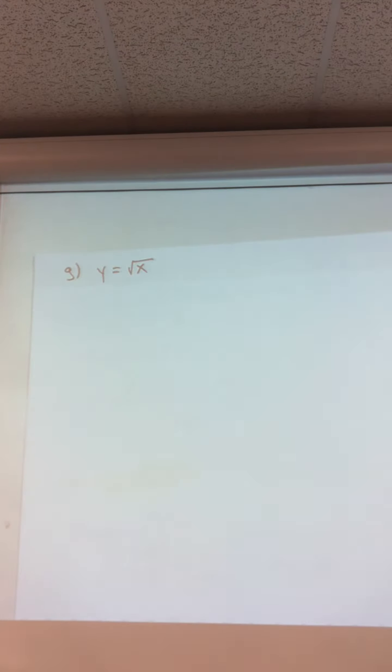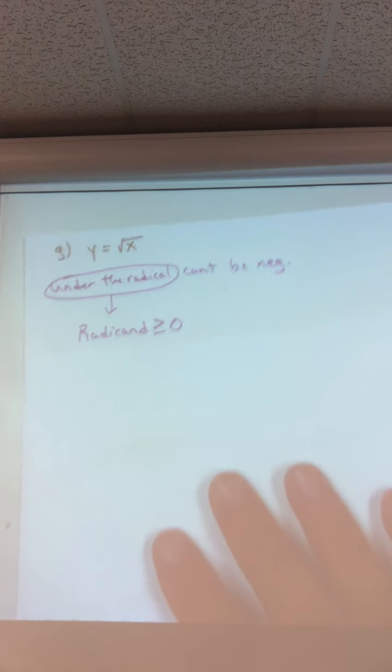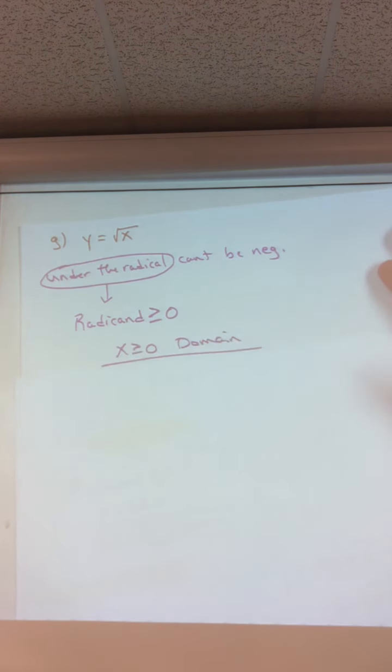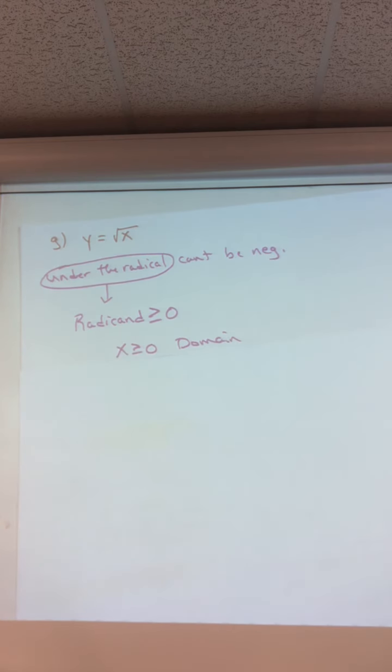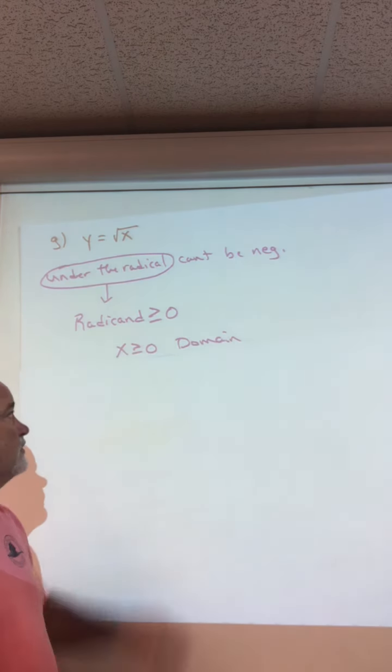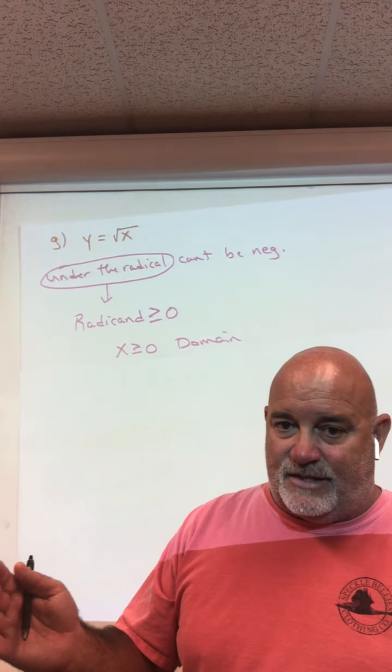So you take your radicand, what's under the radical, and you force it to be greater than or equal to 0. And when you do, that is your domain, because it's solved for x. The x is by itself. So your domain is not everything on both sides of 0.